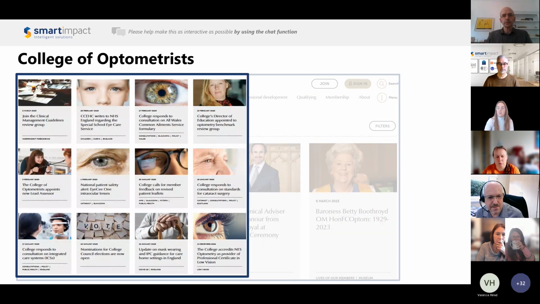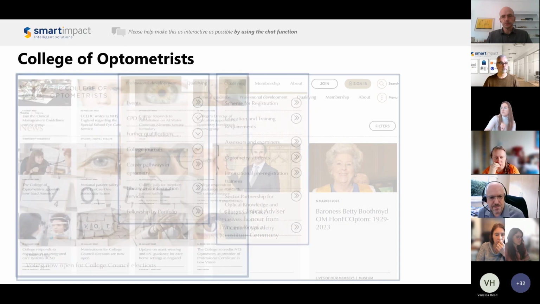And they've done that very successfully by constantly updating content, by having personalization, and by having member and staff logins also. So this website is always top of mind for members in the optometry sector, rather than ever being an afterthought. Its success is really down to it being so up to date all of the time with the latest information.